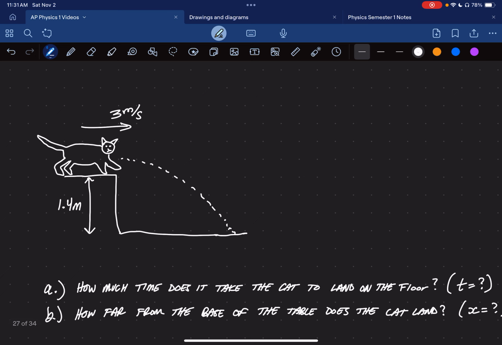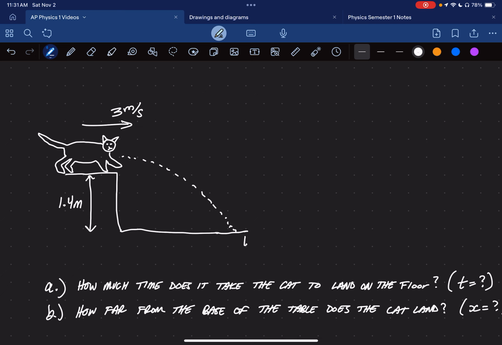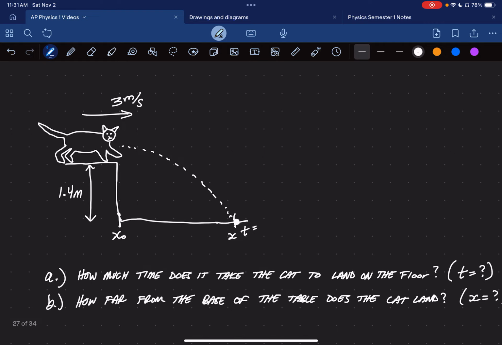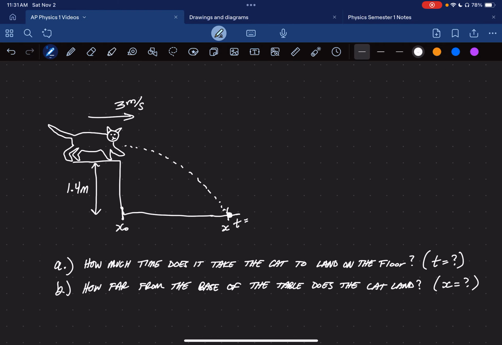We want to know how much time it takes for Otis to land here, and how far from the base of the table, in other words, this distance, if this is x naught and this is x, in other words, what is x? How far does Otis land from the base of the table?